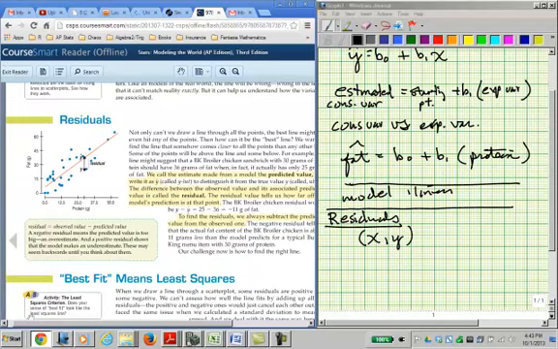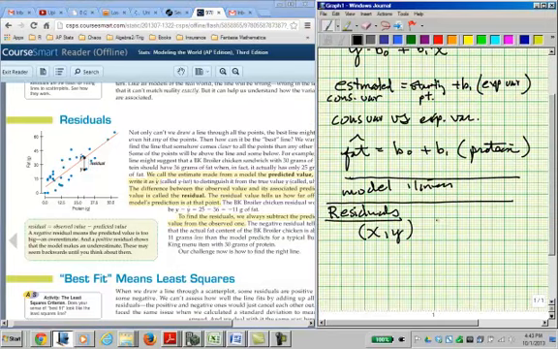Now let's look at them over here on the graph. Now, through some magic, which we haven't talked about yet, we end up with an estimated output for that Y value that's on the line of best fit, called X comma Y hat. Now the residual is Y minus Y hat.